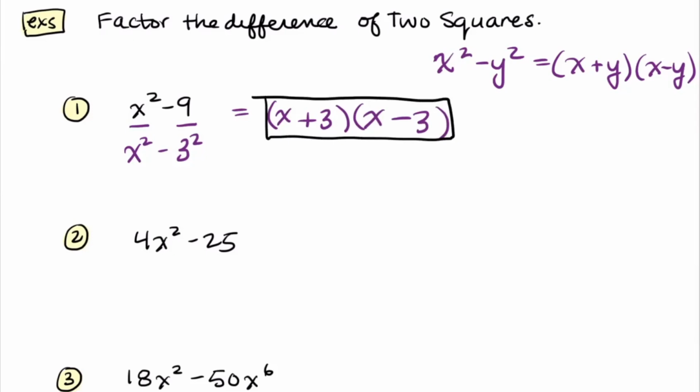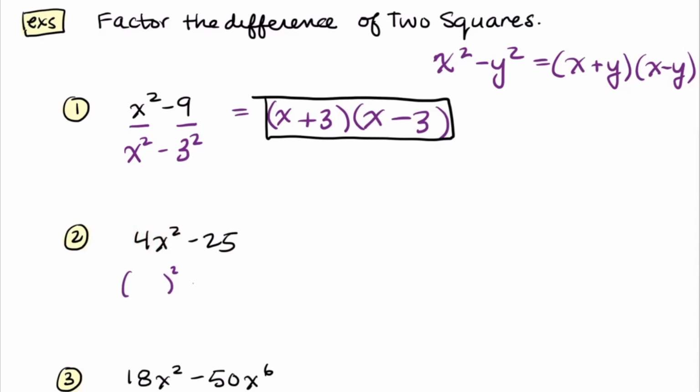All right, number 2, we've got 4x squared minus 25. Now I know 25 is 5 squared, 4 is 2 squared, x squared is x squared. But I want to be careful here with what is actually being squared in the first part. Although the square is on the x here, this 4 has to come into play, right?